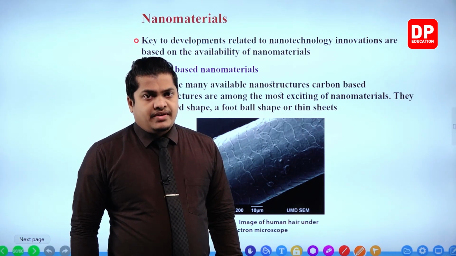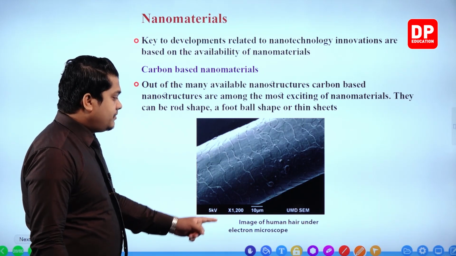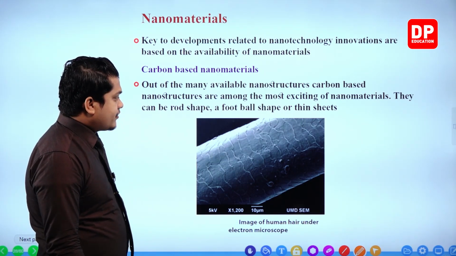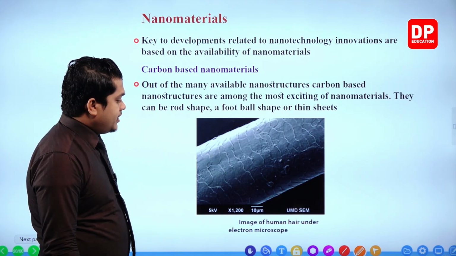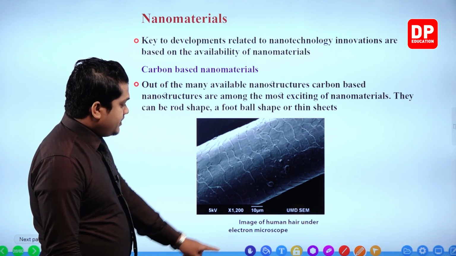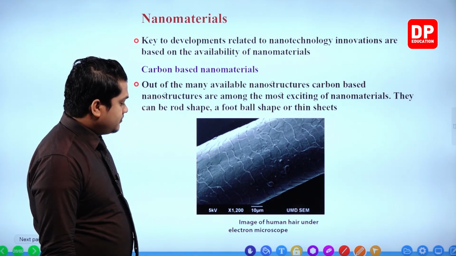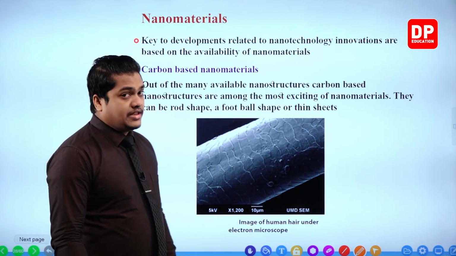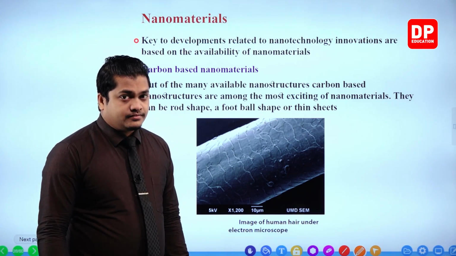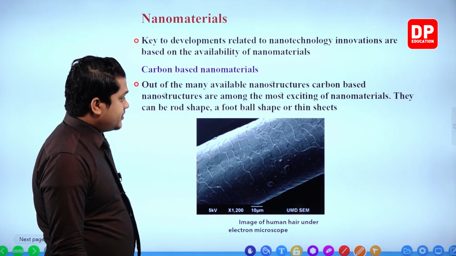You are given here a figure, an image of a human hair under an electron microscope. As you can see, it is given as 10 micrometers. It's not even in the nanoscale, my dear children.